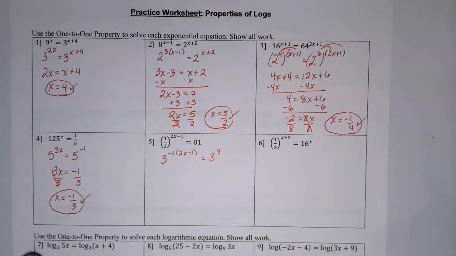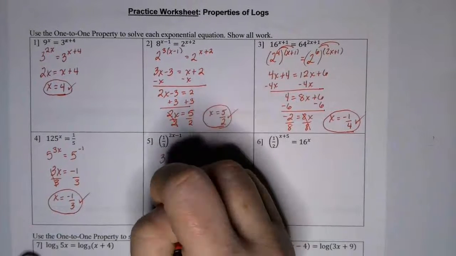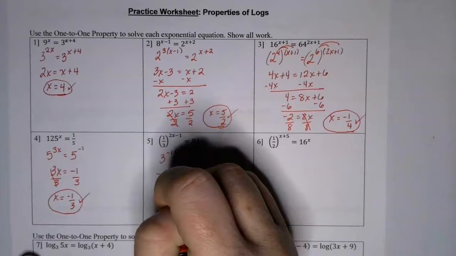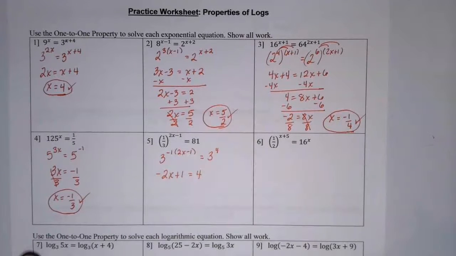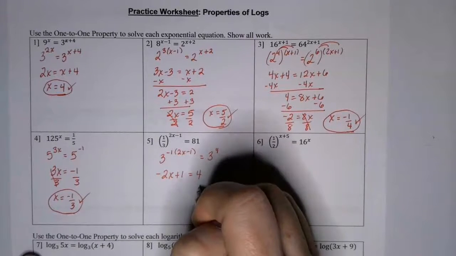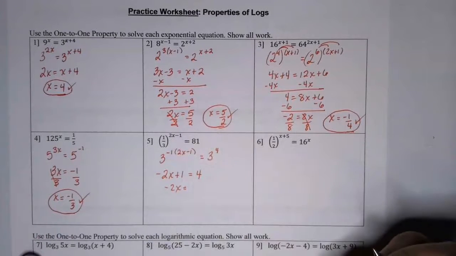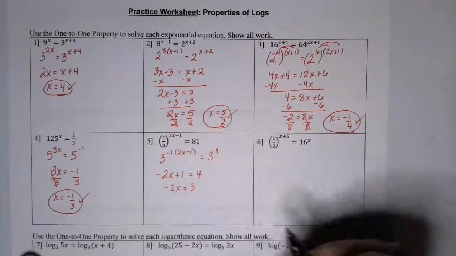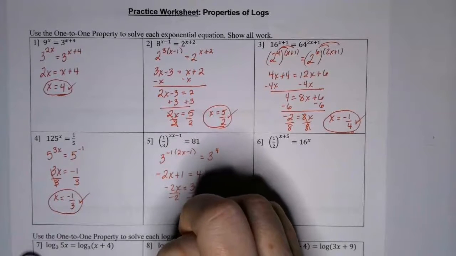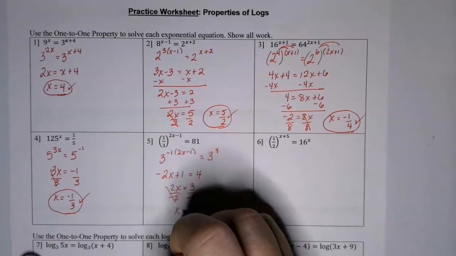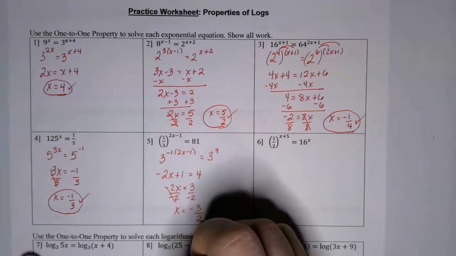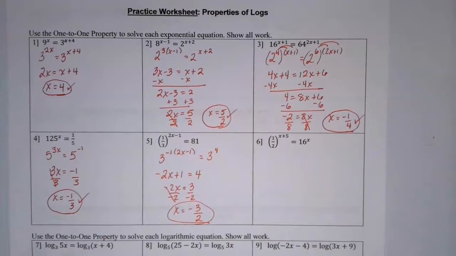Then using the one-to-one property, we set our exponents equal, so negative 2x plus 1 is equal to 4, and then we'll solve that linear equation. So negative 2x, when we subtract 1 from both sides, is equal to 3. We'll divide through by negative 2, and x is equal to negative 3/2.